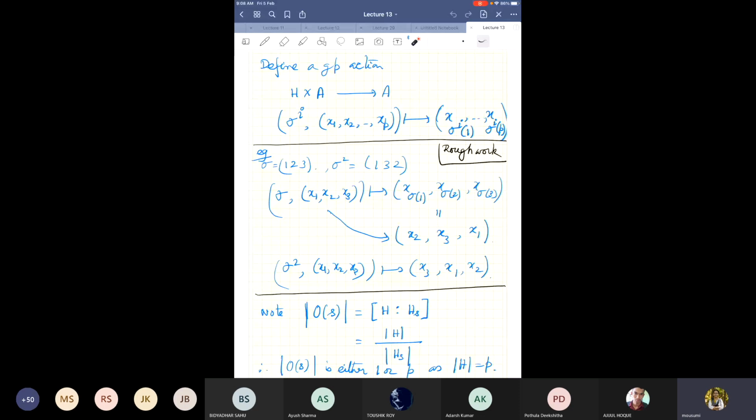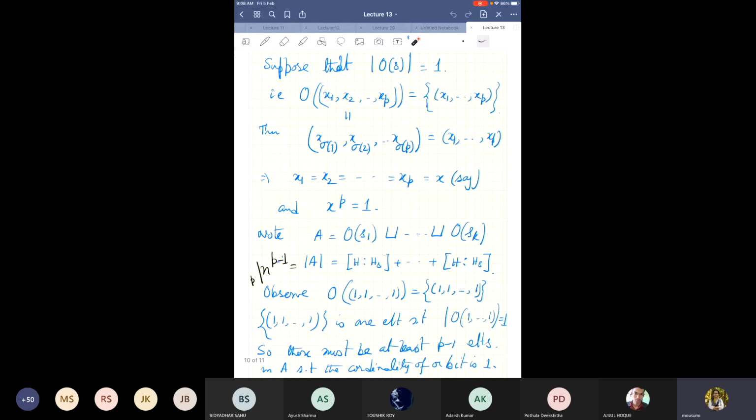Now, we have already seen that every set can be written as a disjoint union of its orbits because the orbits give you an equivalence relation. So I have written this set A as the disjoint union of its orbits, orbit of S1 up to orbit of Sk. Now what is the cardinality of each orbit?